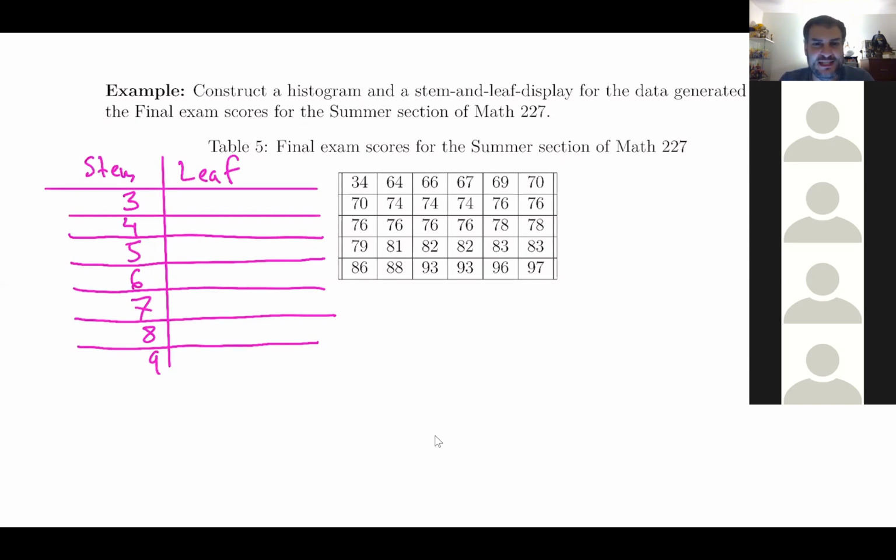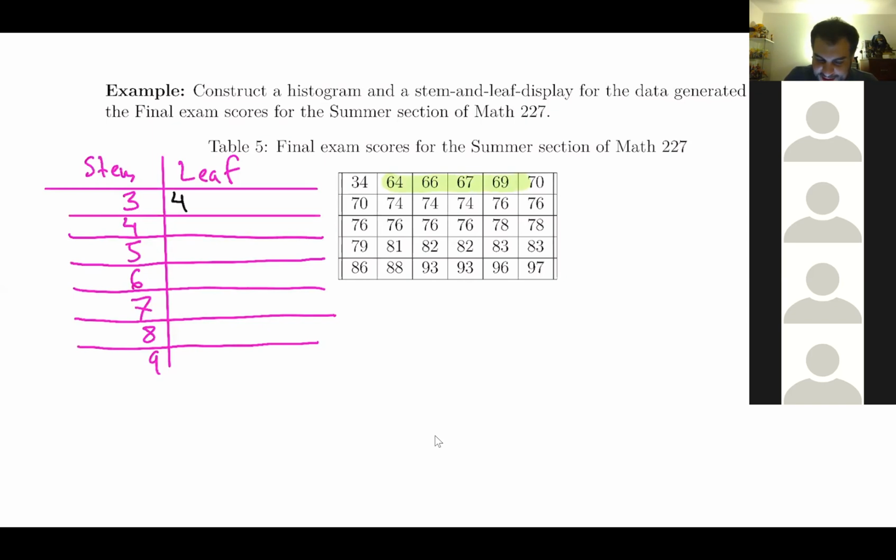Let's go ahead and do this. For the stem of 3, there's only one number, which is 34, so we put 4 right here. We don't have any numbers in the 40s or the 50s, so we skip those two and go to the 60s.